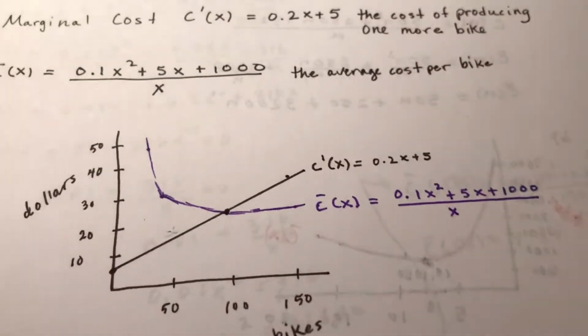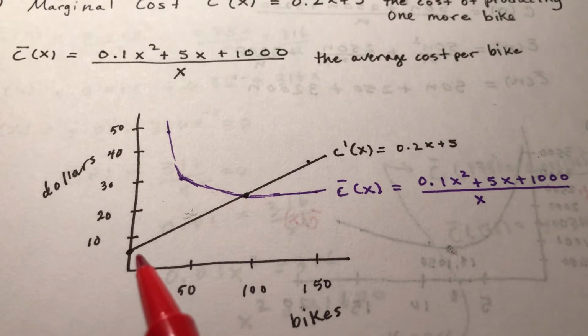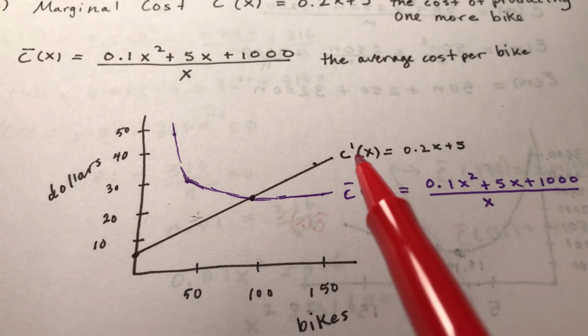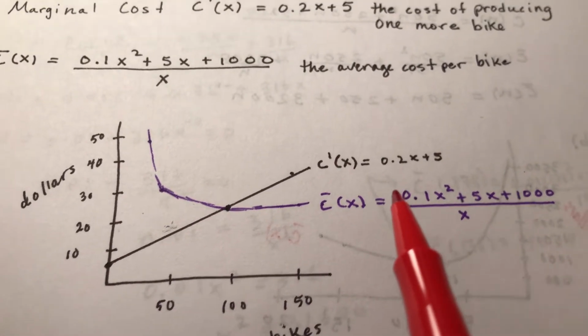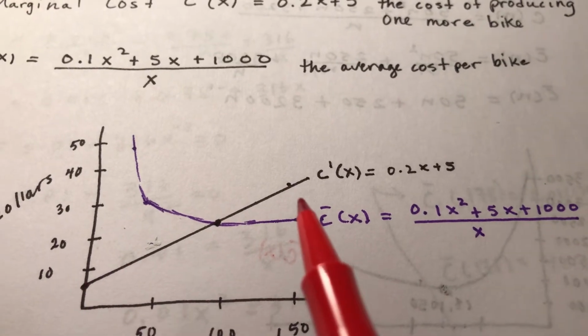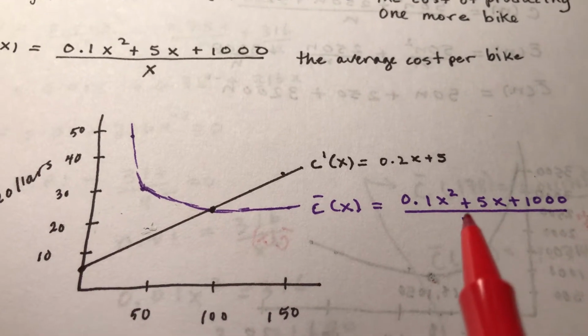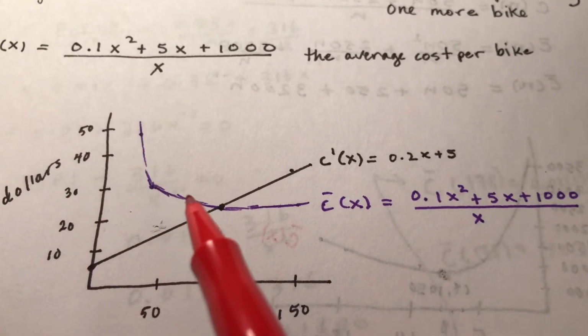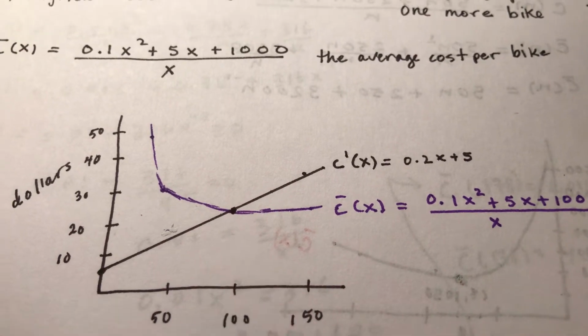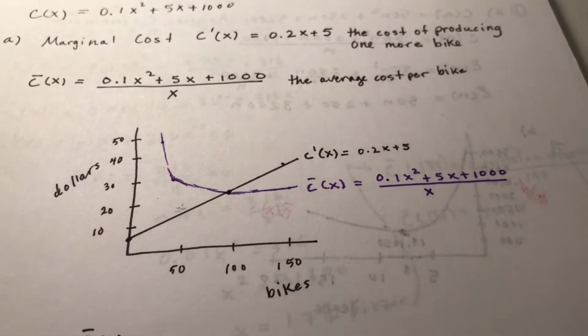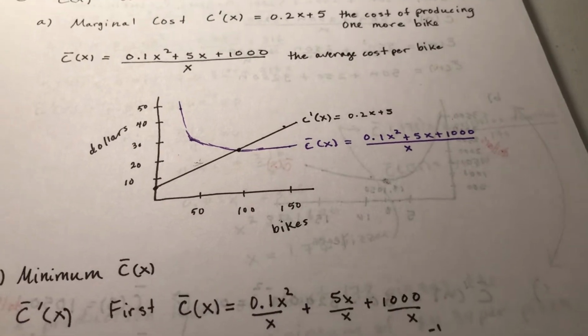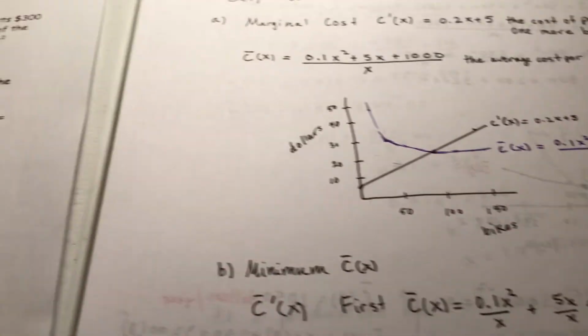If you do this correctly, you can pause this and see if yours comes out. Your marginal cost is linear, so it should have been a line. Now your average cost is divided by x, so it's giving this curve here. And we are done with part A, and we'll look at part B.